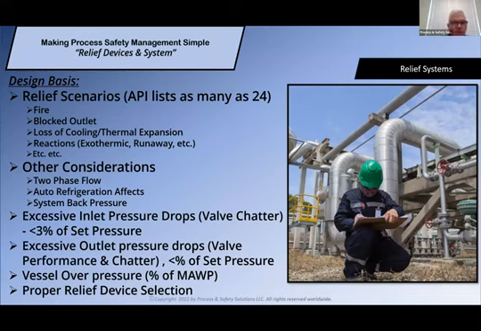The other thing that we want to look at is vessel overpressures. We know that you have an MAWP for a vessel, and overpressure can be as high as 121% in a fire case, 110% of the pressure in the case of a normal relieving event, and then other overpressures exist.